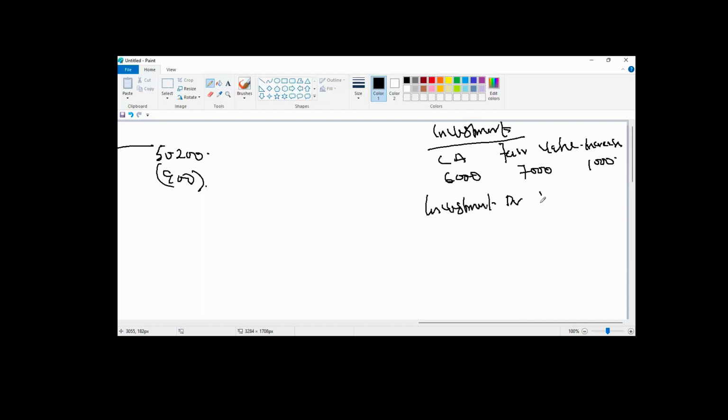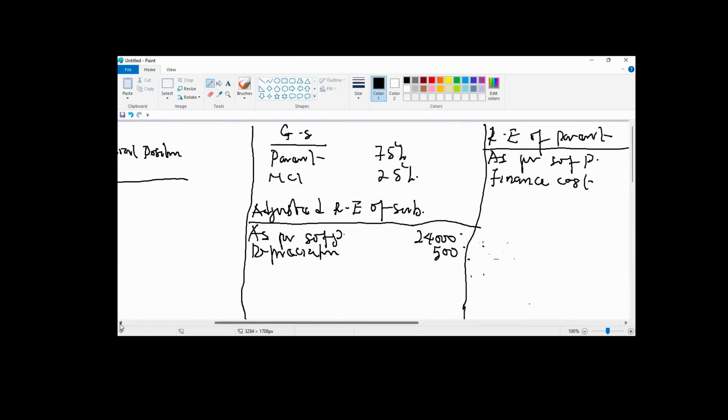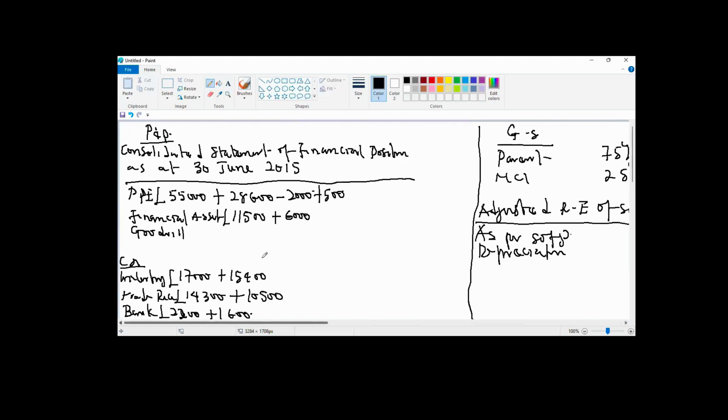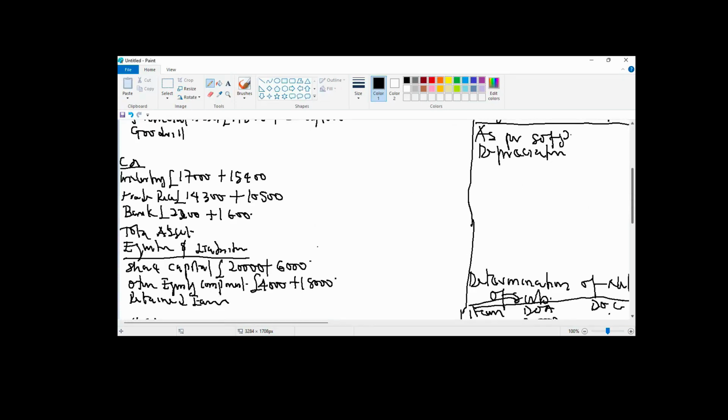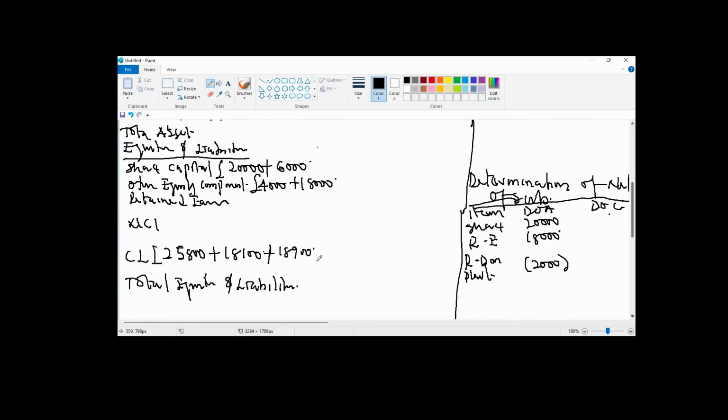I will debit 1,000. The reserve, credit plus 1,000 is the increment. The investment is now 7,000, not 6,000 in the book again. I'll make it 7,000. I'll go to the reserve. Investments, $1,000.